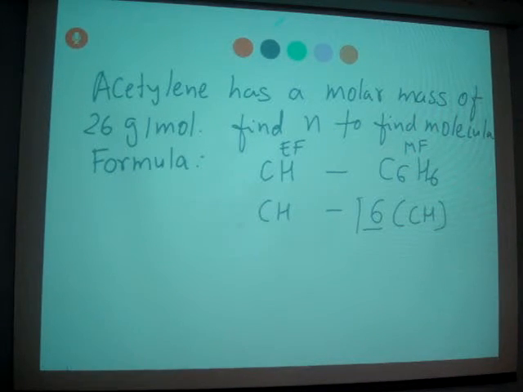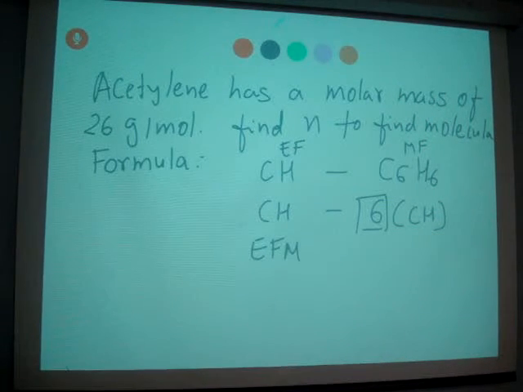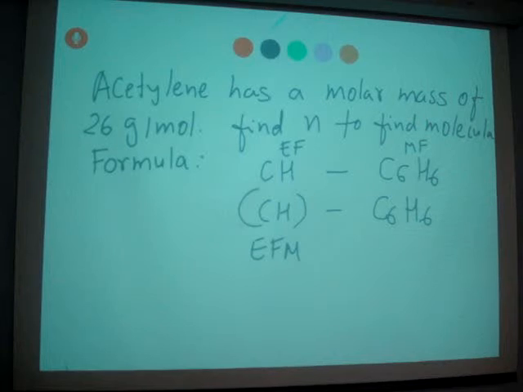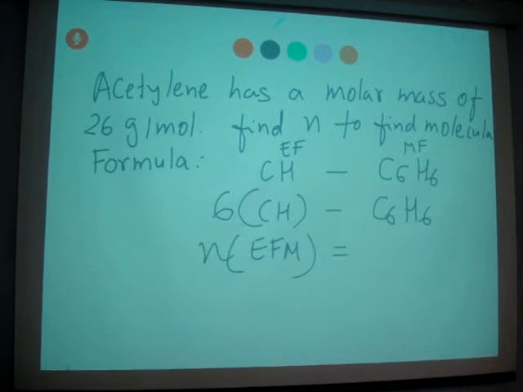This is called N. So empirical formula mass, that's going to be C6H6 and you multiply by 6 times. So that's going to be N and that's molecular formula mass, right? You multiply by those ratios.